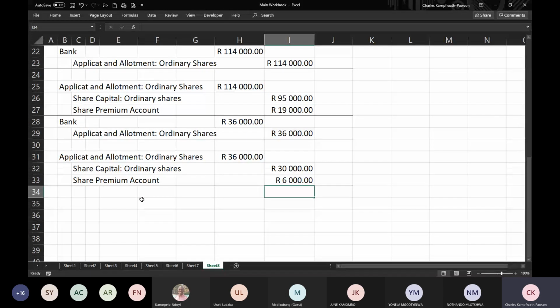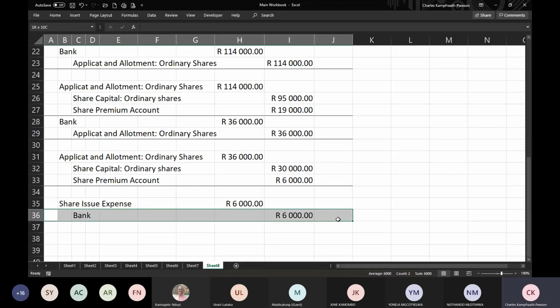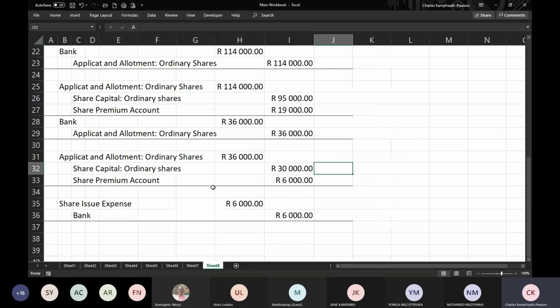And then we also paid that commission. So we will have share issue expense. Everybody happy with that?